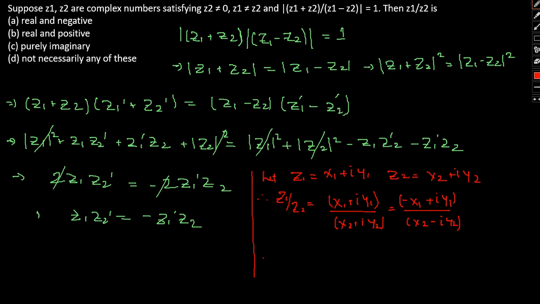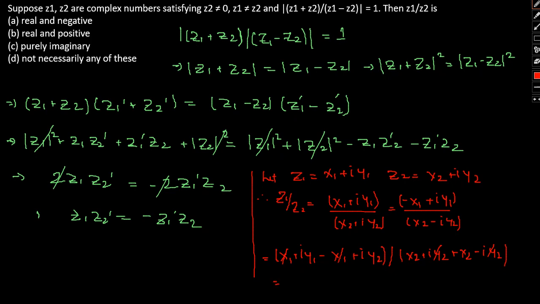If we expand the same, this can be further written in terms of x1, iy1, x2 and iy2. Okay, so if we take a look at the same, we can see x1 and x1 get cancelled, iy2 and iy2 get cancelled.